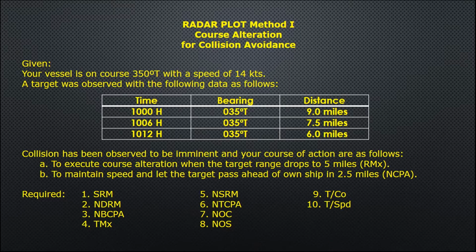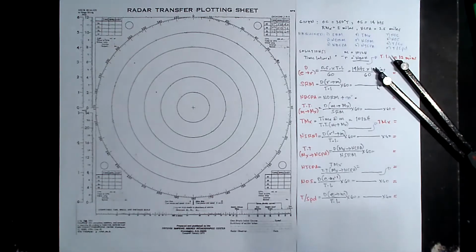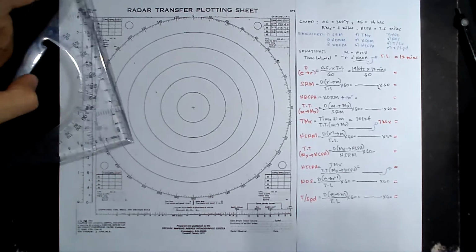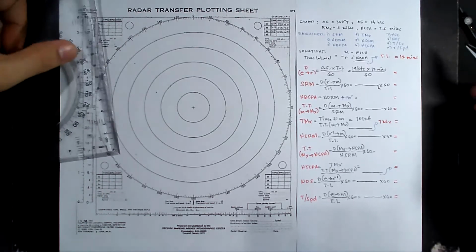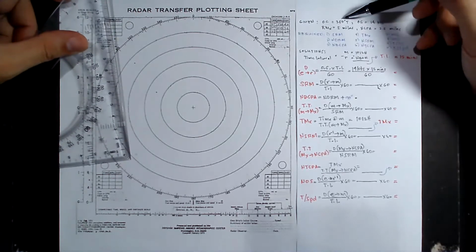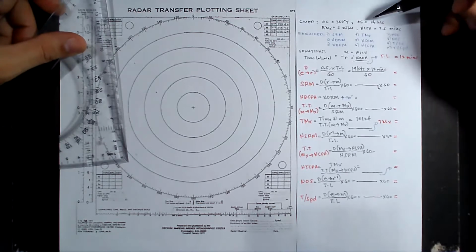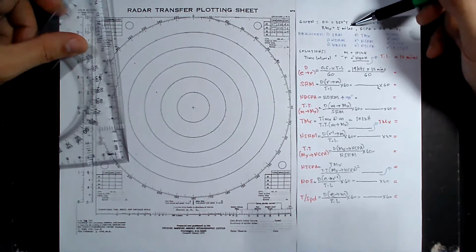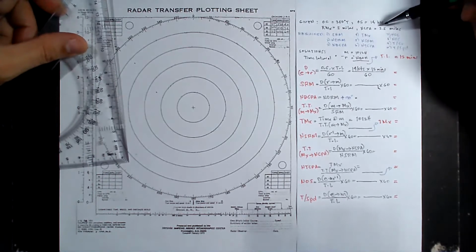And now to proceed with our plotting demonstration. As seen here in your radar transfer plotting sheet, you have your given own course 350 degrees true, own speed 14 knots, RMX is 5 miles, NCPA is 2.5 miles.